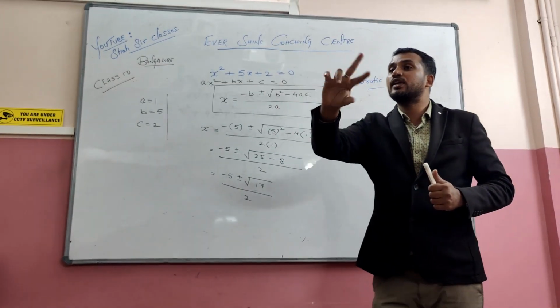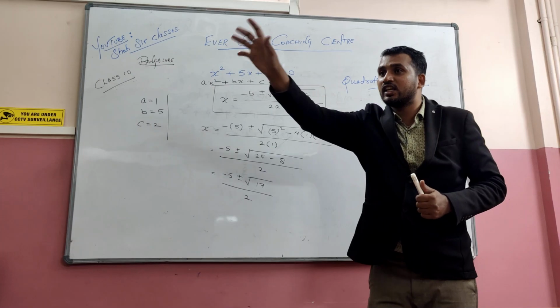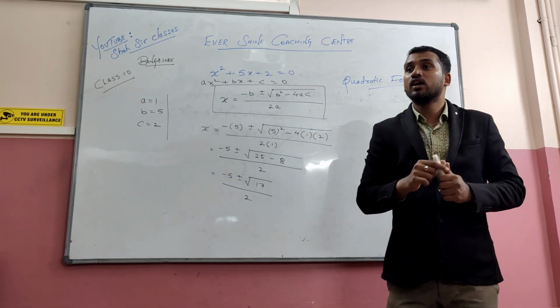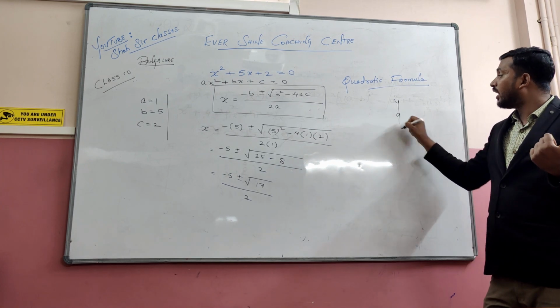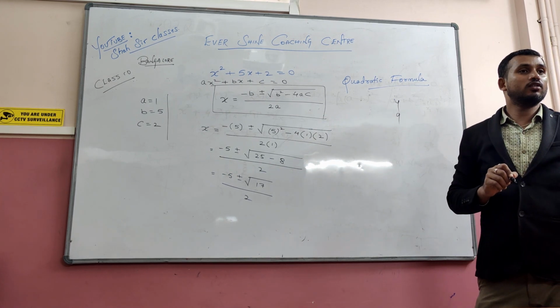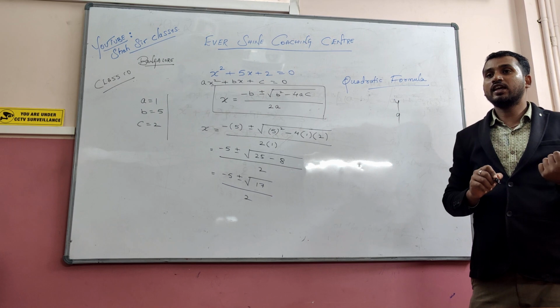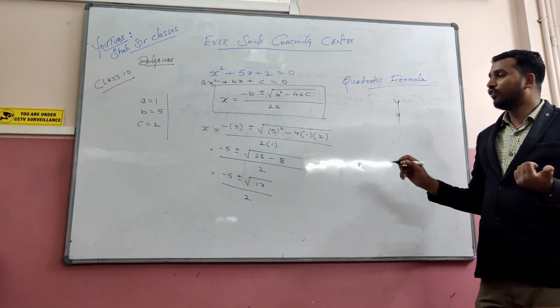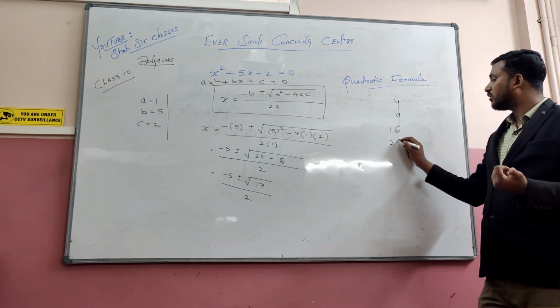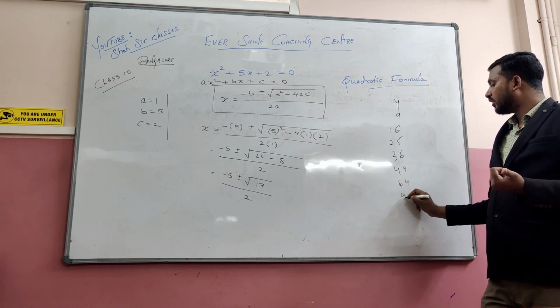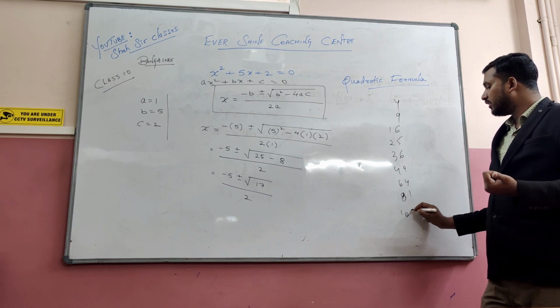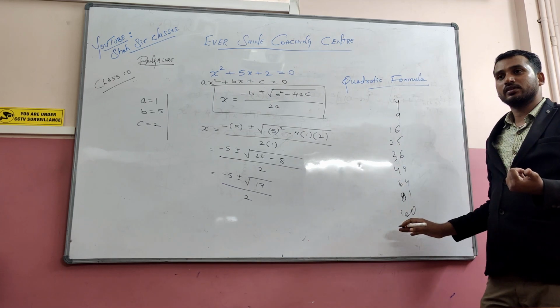Same numbers you multiply 2 times, the answer you get is a perfect square. 2 twos are 4 is a perfect square. 3 threes are 9 is a perfect square. 4 fours, 5 fives, 6 sixes, 7 sevens, 8 eights, 9 nines, 10 tens. These are all perfect square numbers.